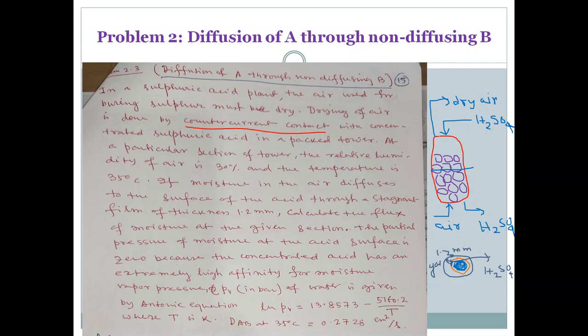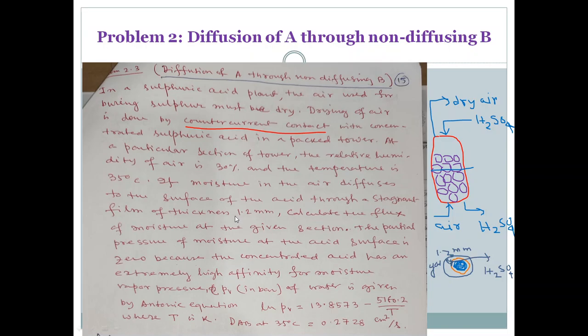You have to decide based on what is happening at the interface, and accordingly say why. In this case, this is diffusion of A through non-diffusing B.